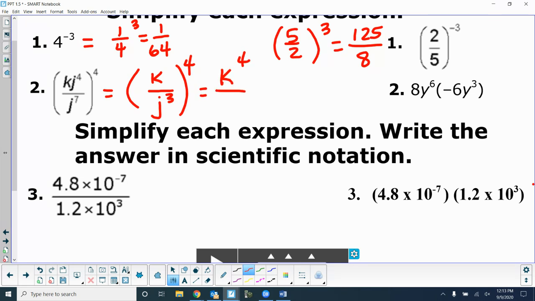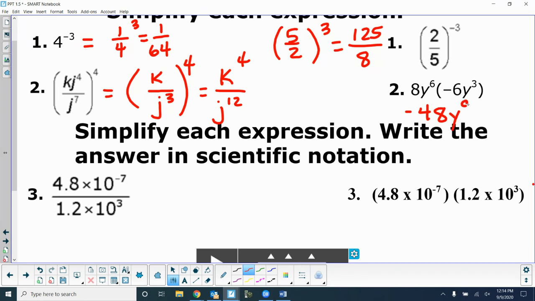J, what do I do with the 3 and the 4? Multiply. 3 times 4. Okay. This one, 8 times negative 6. Just multiply the coefficients. What do I do with the exponents when it's like this?